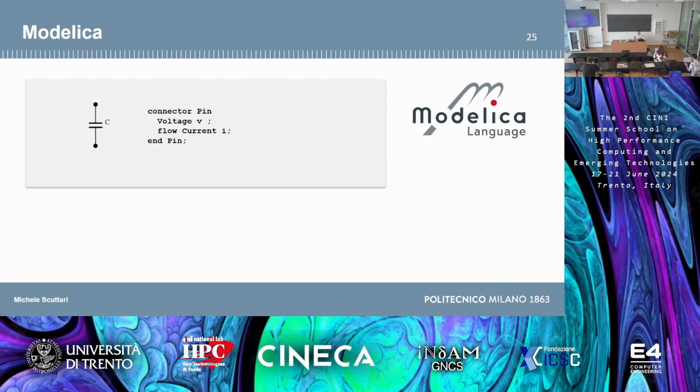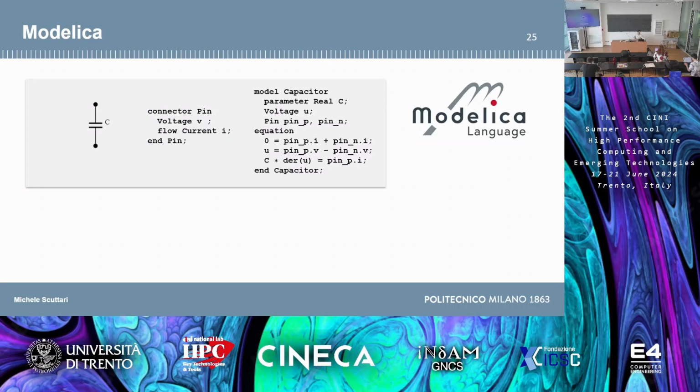an electric network. You can represent it as voltage and current, and then you can build a model of the capacitor which has some equations. Okay, those equations have the equal sign that has the meaning of being the same value at all times. So in a simulation, at all steps in the simulation, the left-hand side and right-hand side should be the same. And there is an operator derivative that computes the derivative of a variable in time.